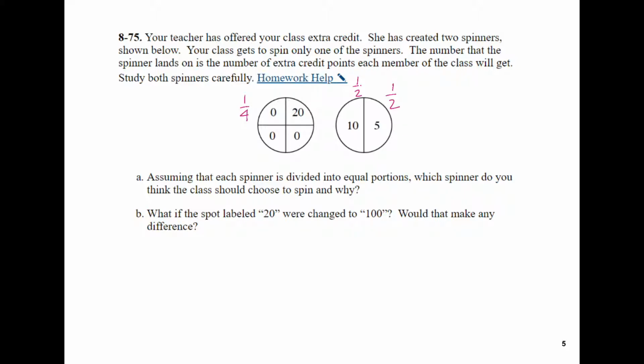So question B says, what if the spot were labeled 100 instead of 20? Would that make any changes?